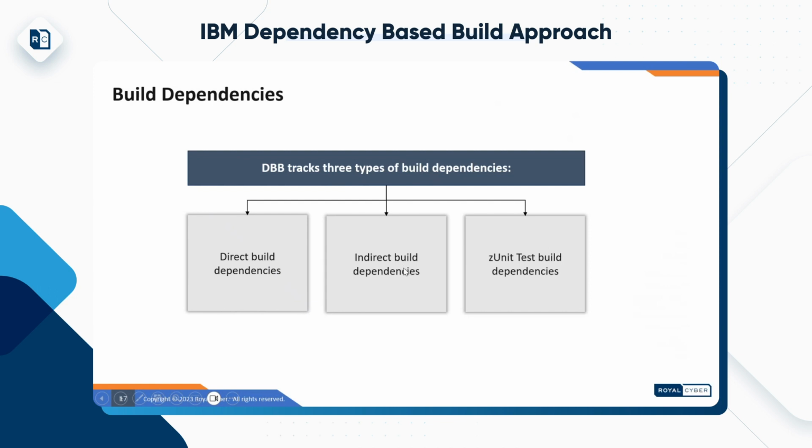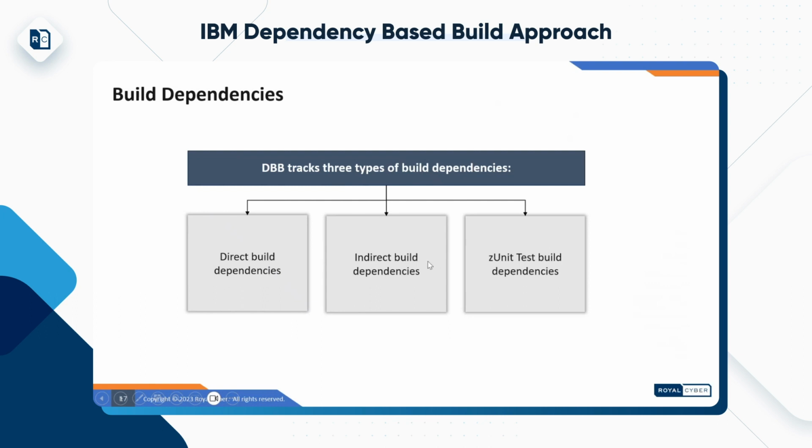And indirect build dependencies is when you have a program that may refer to some other file which has incorporated some change. For example, program A may refer to some of the copybooks which are getting changed by other application changes.